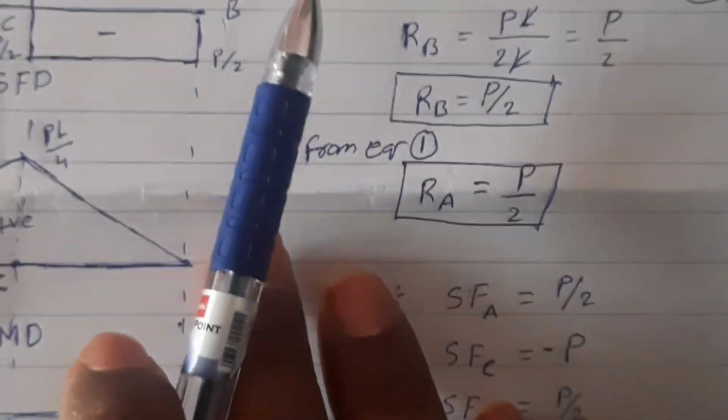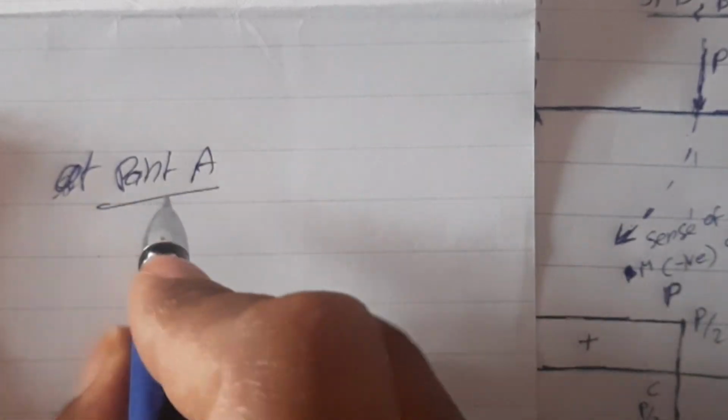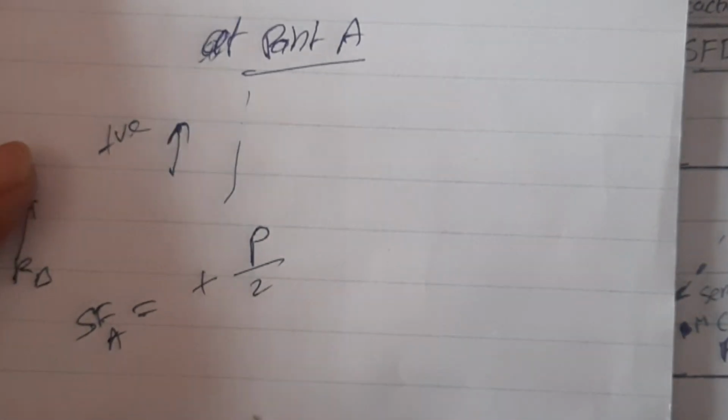Let me explain on a piece of paper. See, at point A, the shear force is upward. At the section, left hand side upward is positive, so the shear force at A is P by 2.